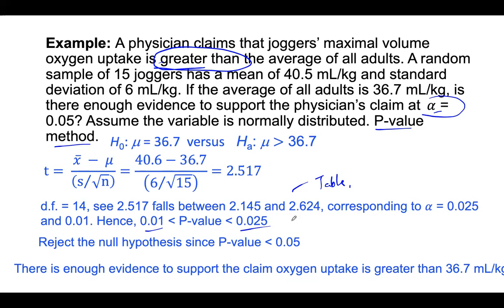We know that alpha is equal to 0.05, so the p-value is therefore less than 0.05. This means, as I said before, we reject the null hypothesis since the p-value is less than alpha. That means there's not enough evidence for the null hypothesis.